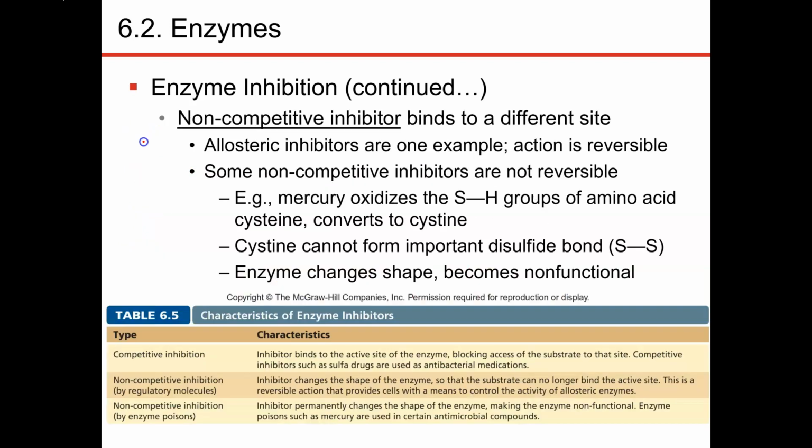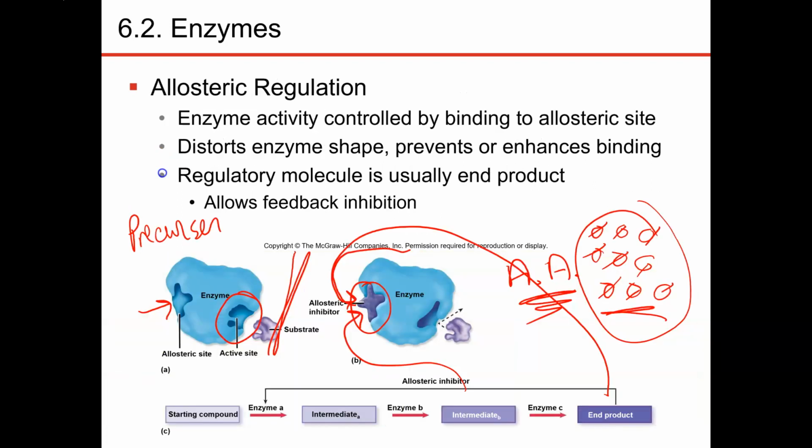And the non-competitive inhibitors are going to bind to the allosteric region, and they stop the ability of the enzyme from binding. So in non-competitive inhibition, which I think I like this picture best, it changes the shape of the active site, and then the substrate can no longer bind.